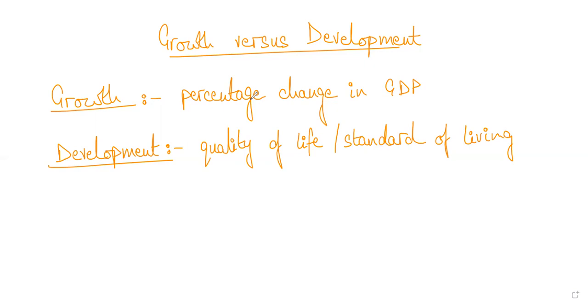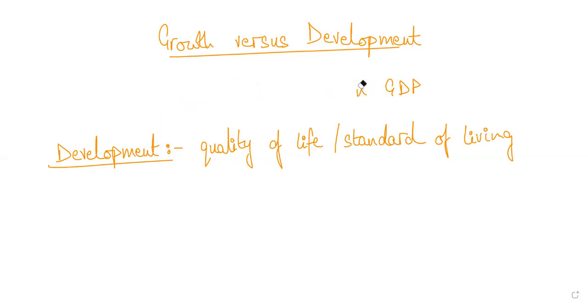So in this topic, we'll talk about how we measure growth, which is the topic for today's class. What are the different indicators or different measures of growth? We'll talk about that in today's class.